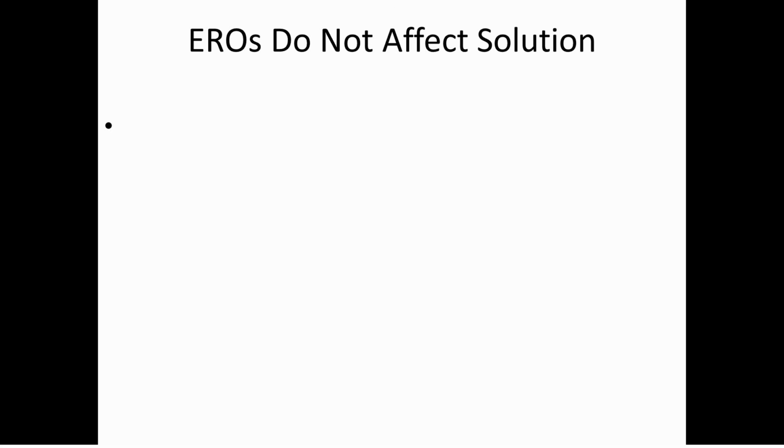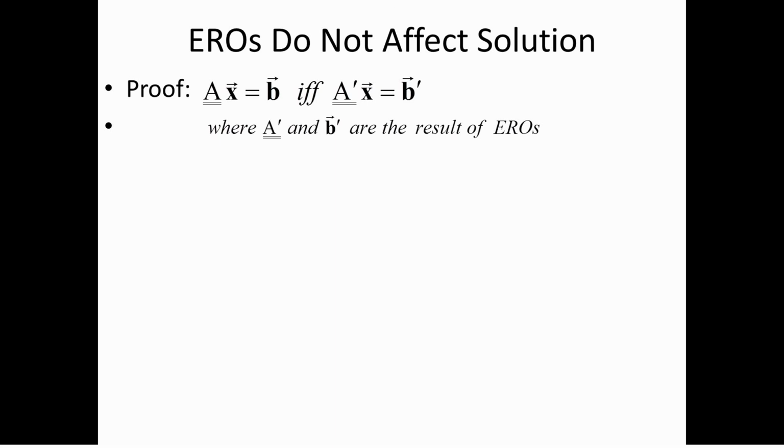Now we made a statement that the elementary row operations do not affect the solution, and I want to prove that statement. So we want to show that x satisfies the linear equation Ax = b if and only if x satisfies the equation A'x = b', where A' and b' are the result of the elementary row operations on A and b respectively. So we have to prove it in both directions.